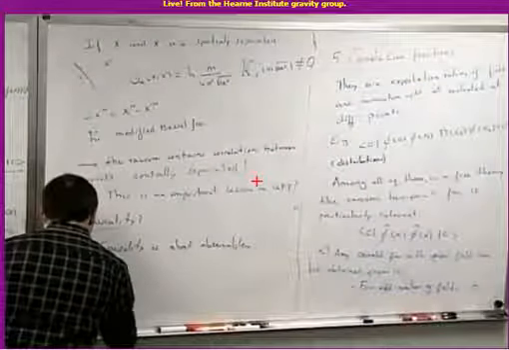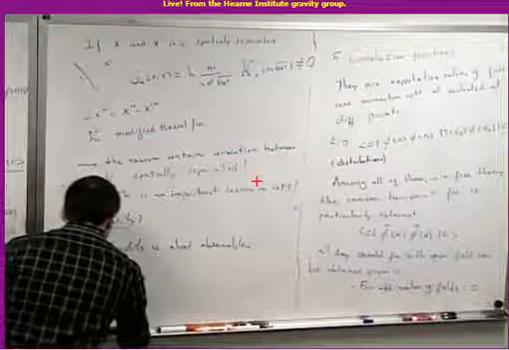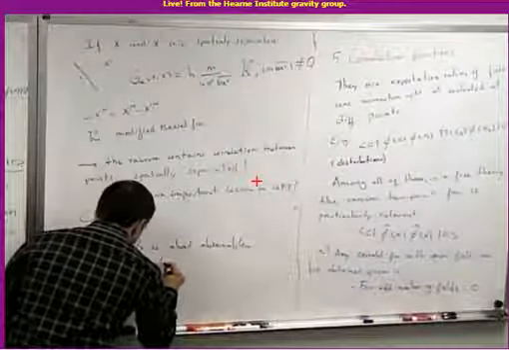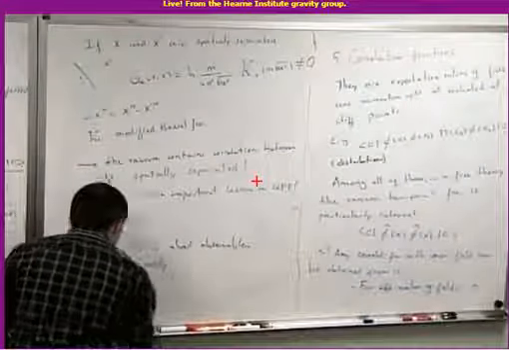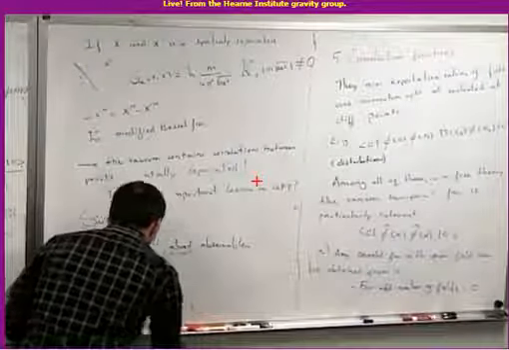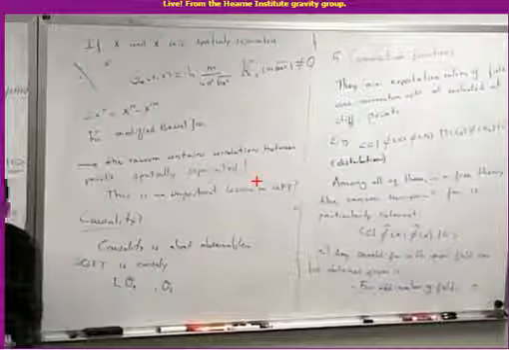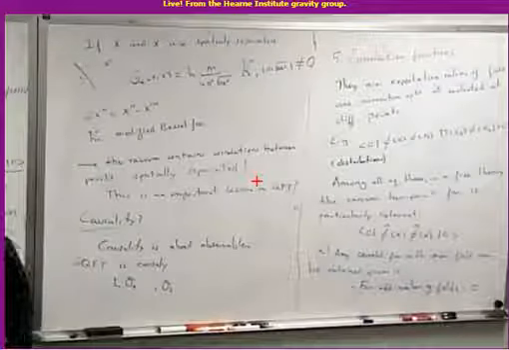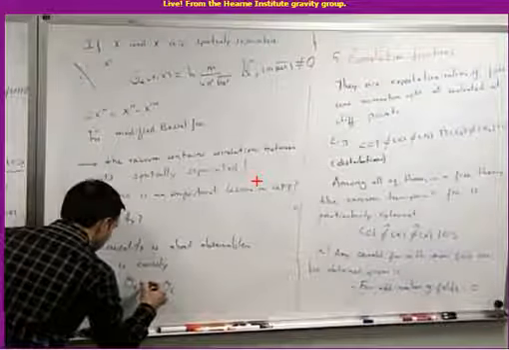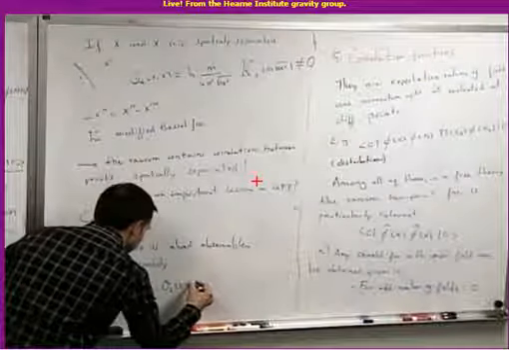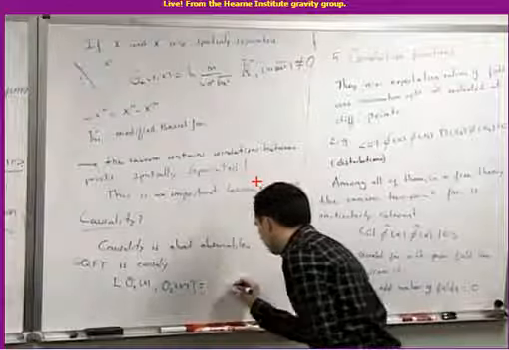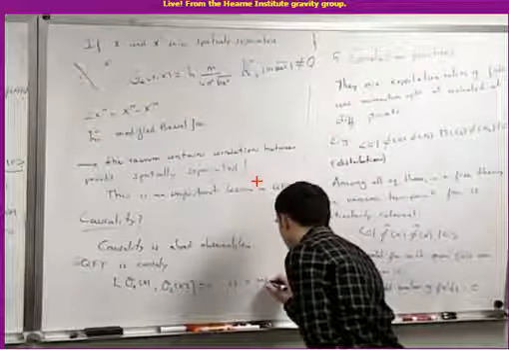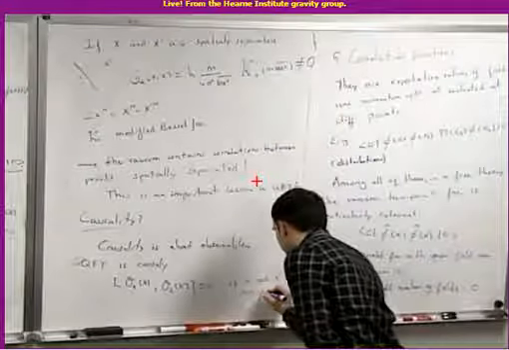QFT is causal, so it respects causality. If you take two physical observables, O1 and O2, O1 can be the energy momentum, angular momentum, whatever you want, any physical observable at some point x. You compute the commutator with any other physical observable at x prime, and this is 0 if x and x prime are spatially separated.